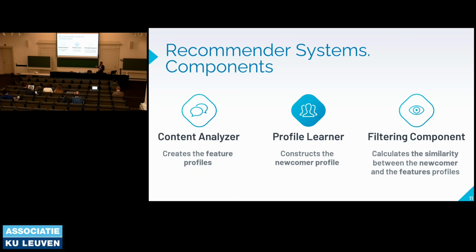The profile learner is in charge of constructing the profile of the user that must receive the recommendation, that in our case is the newcomer profile. And finally, we have the filtering component that is responsible for comparing or exploiting those profiles and recommending the most appropriate item to the user.